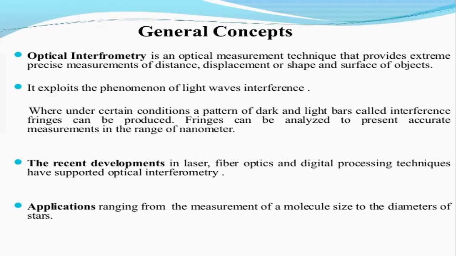So these all come under optical interferometry, which is the measurement of distance and displacement, or we can measure the shape and surface of objects. Next, it exploits the phenomenon of light wave interference, where under certain conditions a pattern of dark and light bars called interference fringes appears.